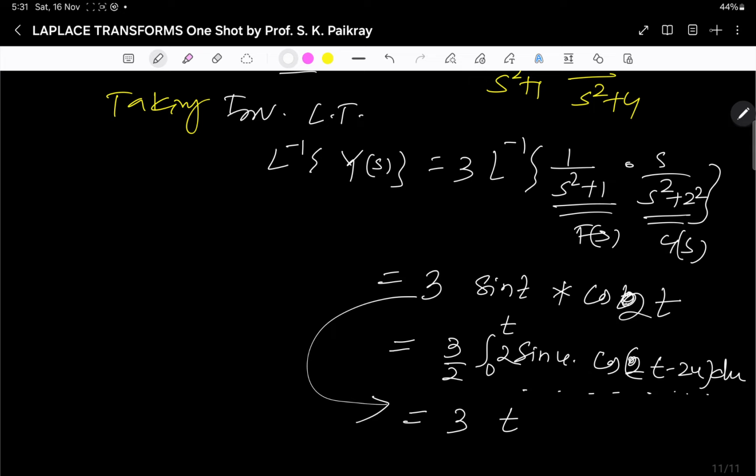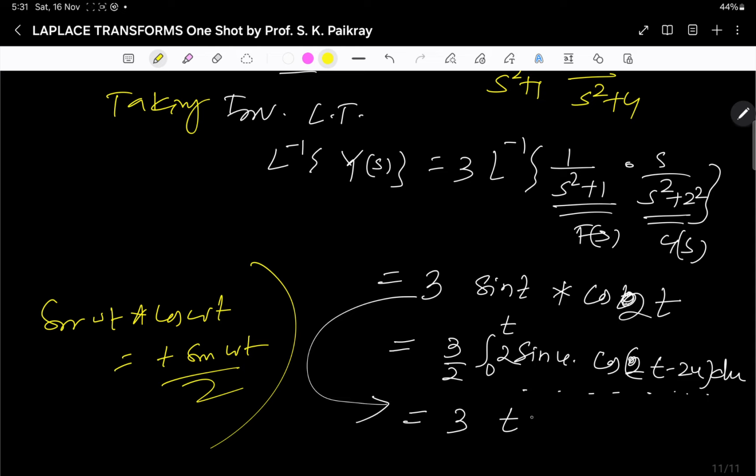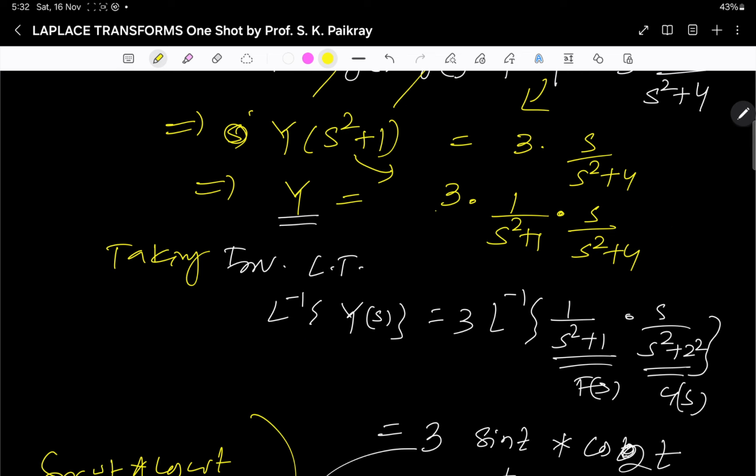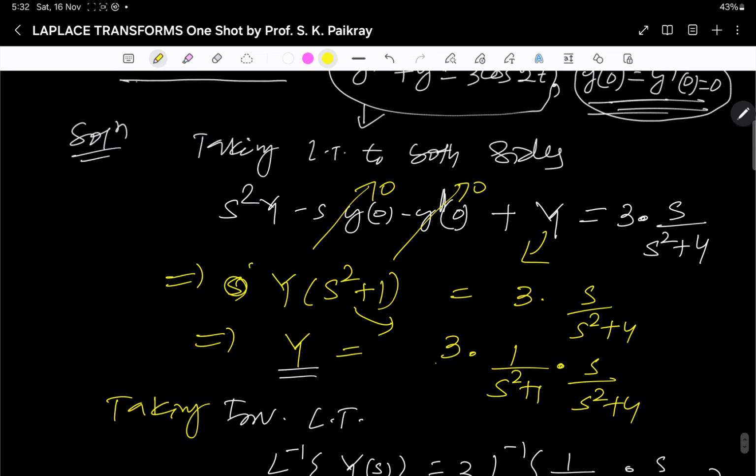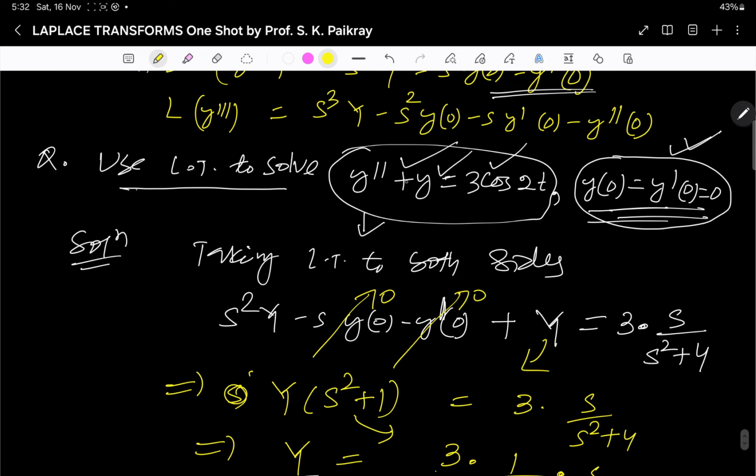So the formula is sin omega t convolution cos omega t is t sin omega t divided by 2, is it not? So we use it. Just a minute, I have a correction in the question. The question is here 4y, okay, 4y.